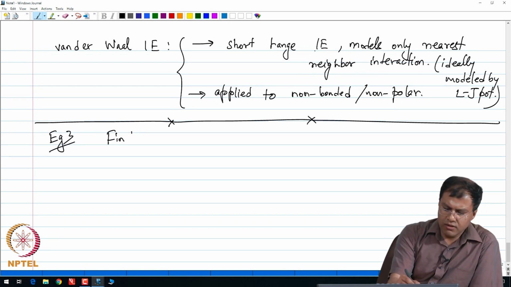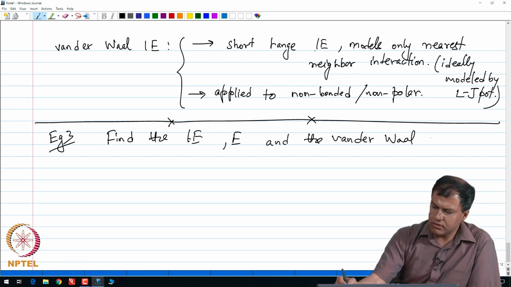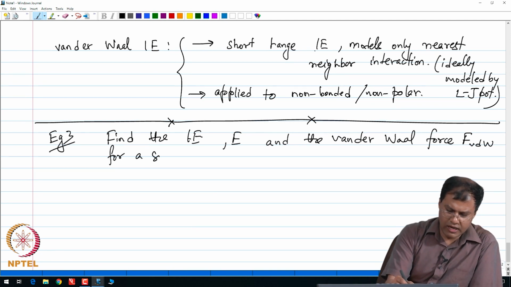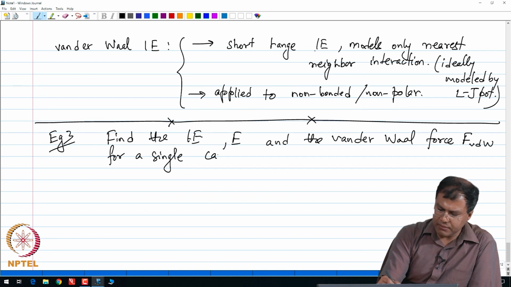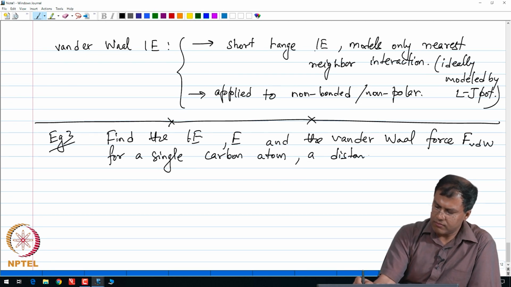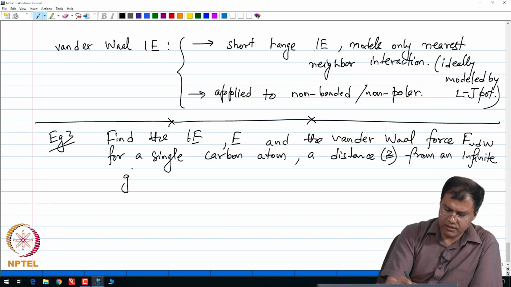So, let me look at the first example to discuss. Find the interaction energy E and the van der Waals force F_vdW for a single carbon atom a distance z from an infinite graphene sheet.